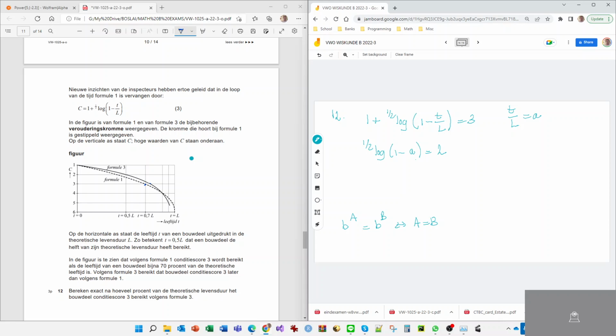And as the base I use 1/2, so I get 1 minus A has to be equal to 1/2 to the power 2. Well, that is 1 over 4.